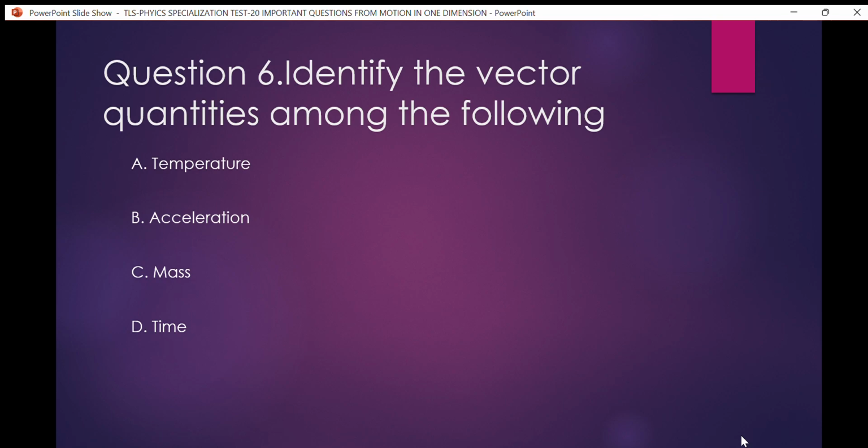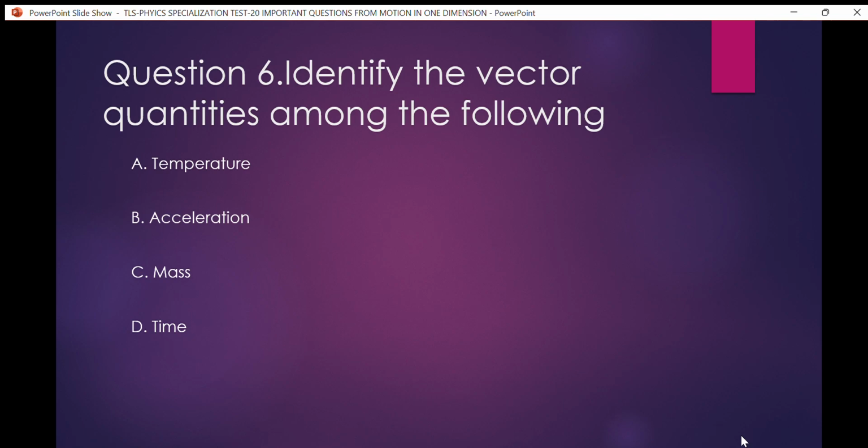We never mention direction, so it is a directionless quantity. And option B, acceleration. Whenever we speak about acceleration, it is nothing but the rate of change of velocity. Velocity is a directional quantity, so change in velocity is again another directional quantity.